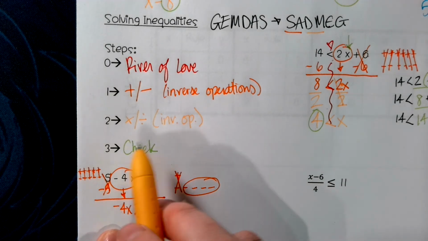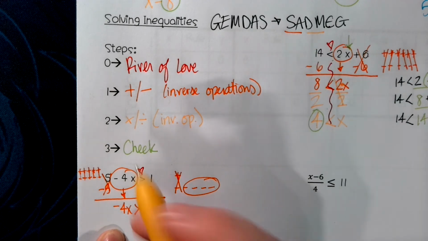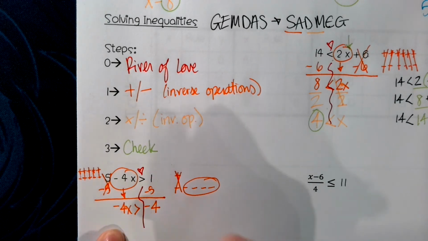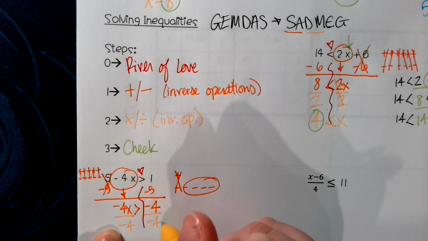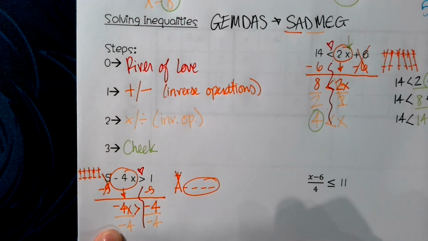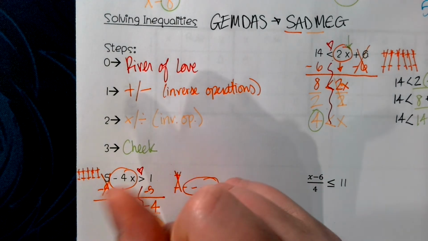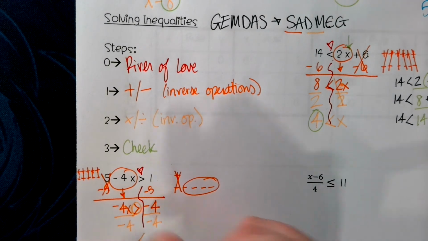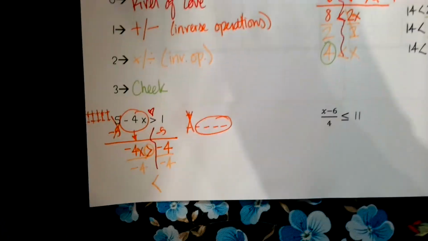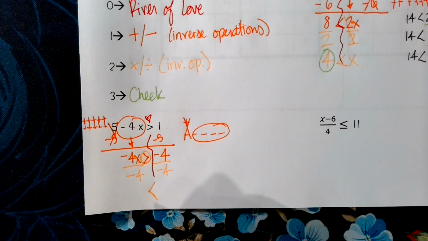Now I need to multiply or divide. When they're side by side, that's multiplication, so I divide by a -4. If I divide by a negative number, what has to happen? When we divide by a negative number with inequalities, our sign has to flip. So now, instead of my sign facing the left, now it's going to face the right.